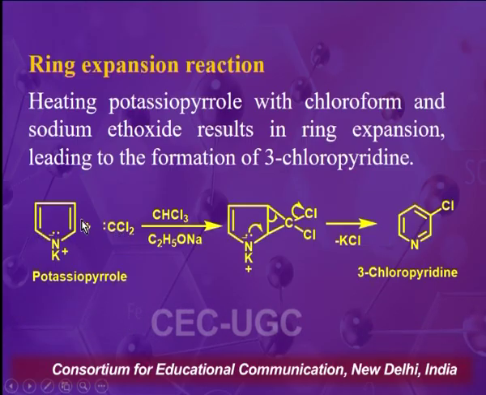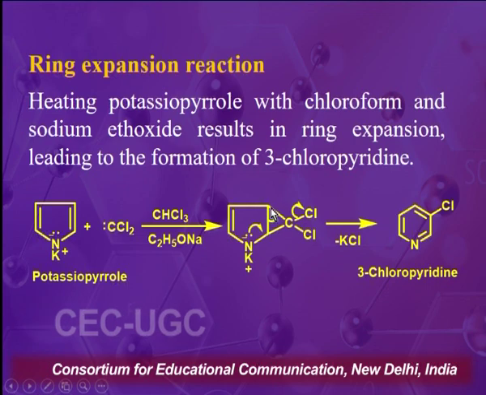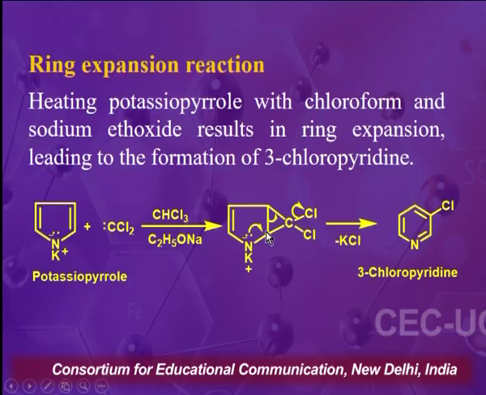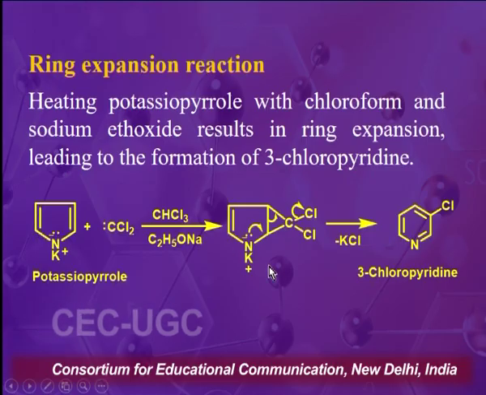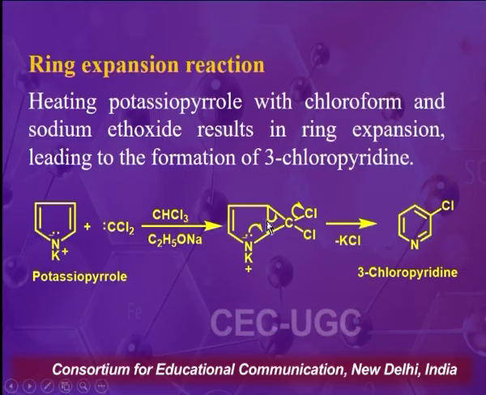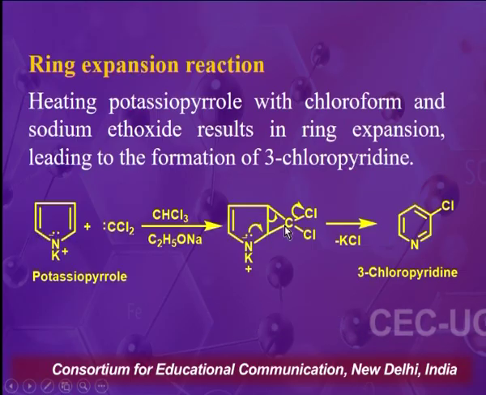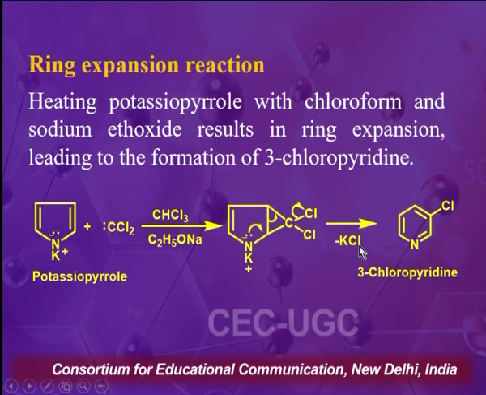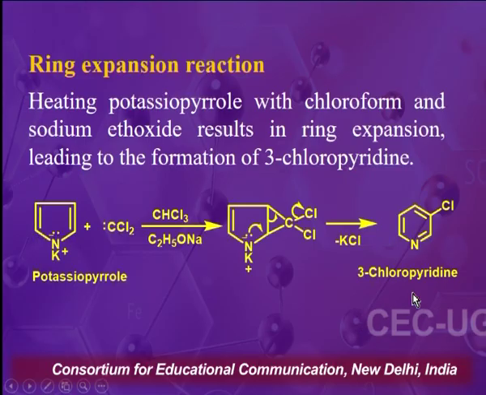So it will react with the double bond of potassiopyrrole and will produce a cyclopropane fused system, and this cyclopropane fused pyrrole system is highly unstable, and there will be shifting of electrons and breaking of sigma bonds, and after elimination of potassium chloride it will change into 3-chloropyridine. That is what is happening in the Reimer-Tiemann reaction.